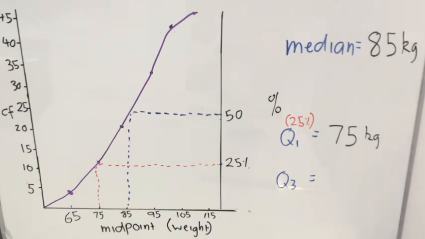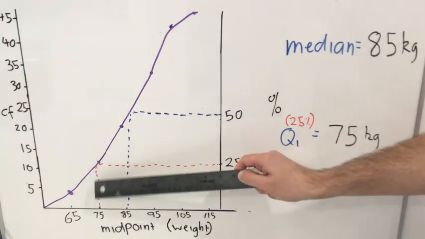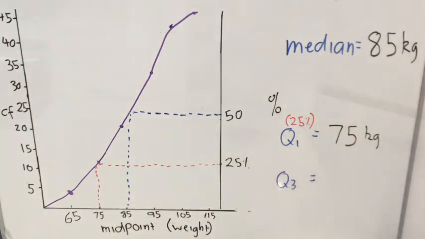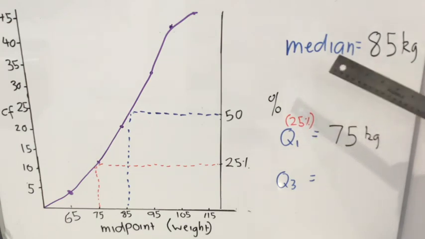Maybe that means my graph on the whiteboard here isn't quite as accurate, but if it's somewhere around there, it is nice and easy when it happens to be exactly one of these numbers, but if it lands somewhere in between, you just need to guess as close as you can to what the number will be and it would still be marked as correct. I like to make a little note to remind myself that Q1 is always 25% all the time.